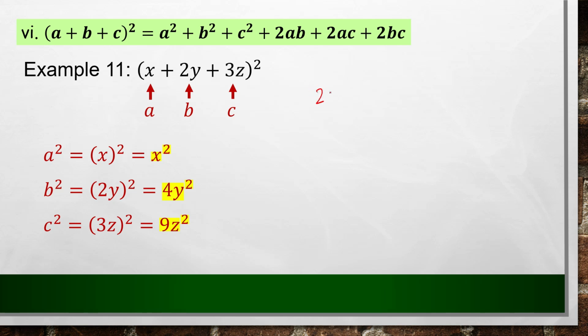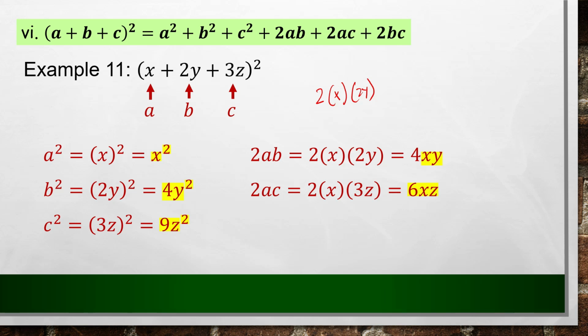And then 2ab, so that's 2 times a, which is x, times b, which is 2y. So it's like that. That will just be equal to 4xy. Okay, and then for the next one, which is 2ac, so 2a, a is x, c is 3z. So 2 times 3 is 6, and then xz.